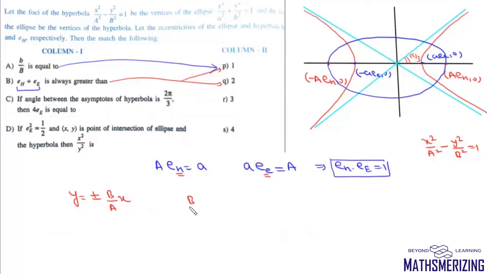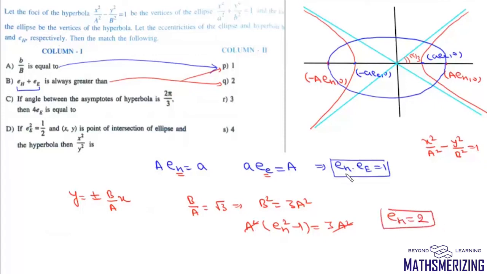So from here we can write b upon a must be equal to tan 60, which is simply root 3, that is b square is equal to 3a square. Now we can write b square as a square into EH square minus 1 and this is 3a square. So a square will cancel. So from here we get the value of EH as simply 2.